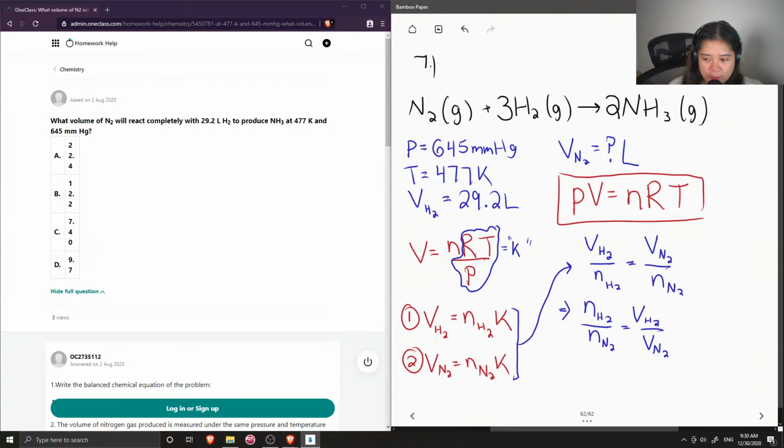Just some rearranging of the equation. And now we can plug in everything that we know. We know that 3 moles of H2 is needed to react with 1 mole of N2. And we know the volume of H2 is 29.2 liters, and the volume of N2 is unknown. So if we divide 29.2 by 3, this gives us the volume, which is 9.733 liters.